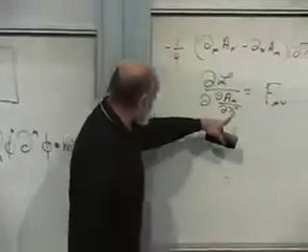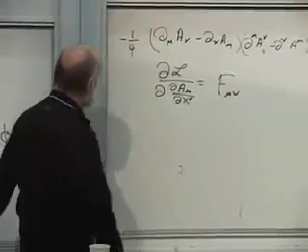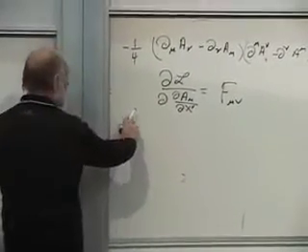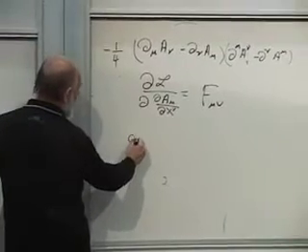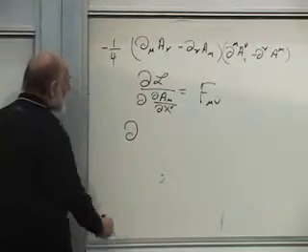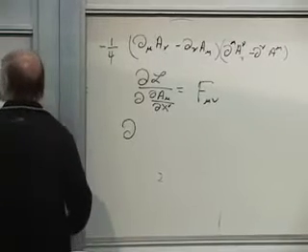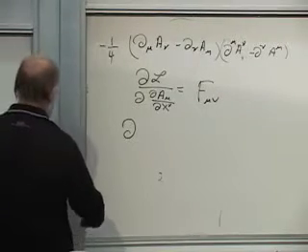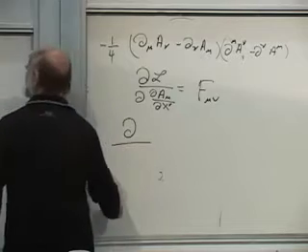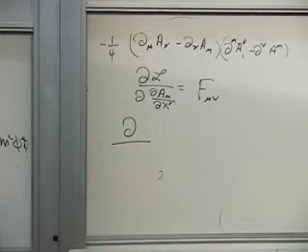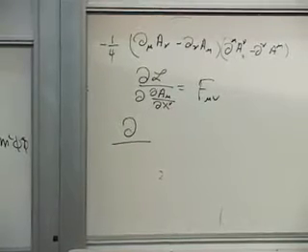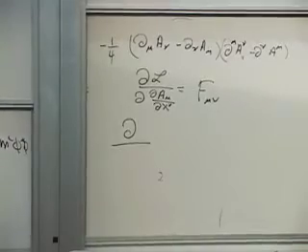That means d by dx nu. So the Euler-Lagrange equations just become, do I have this? I think I have it right. Just a moment, yeah, I think it's right.